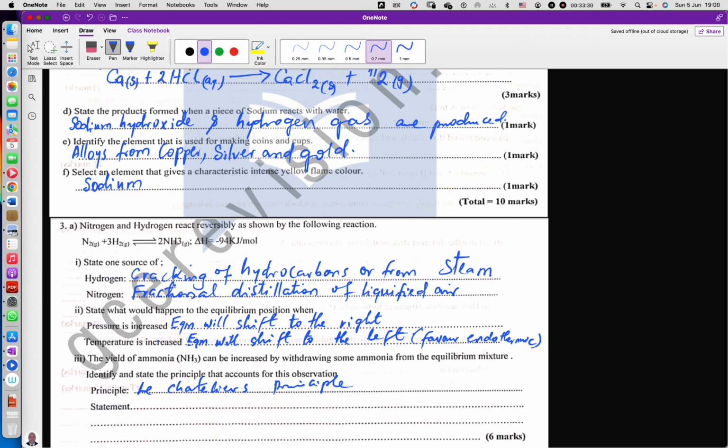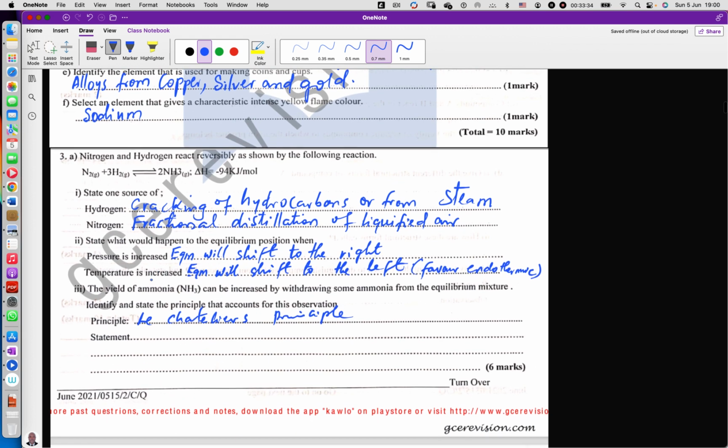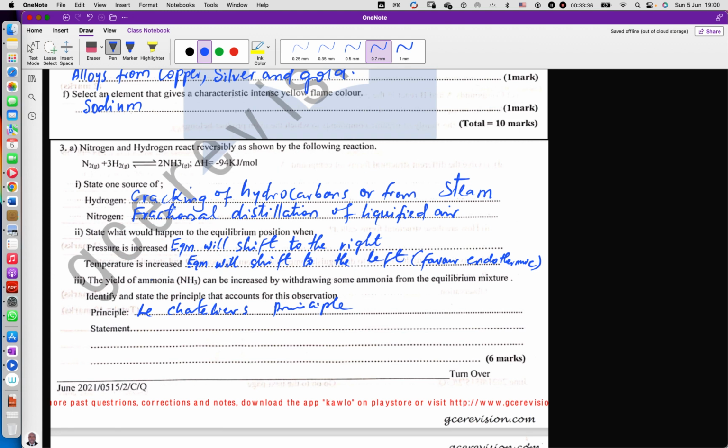Okay, state Le Chatelier's principle. Le Chatelier's principle states that if a system in equilibrium is subjected to a change, the system must react in such a way to oppose the change, thereby establishing a new equilibrium.